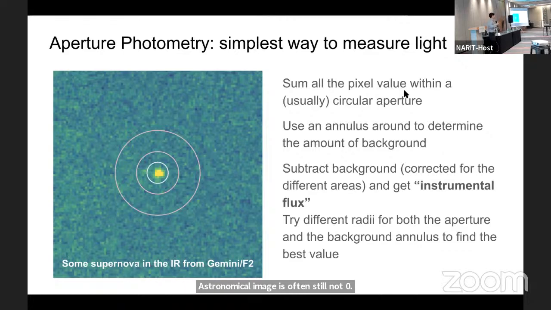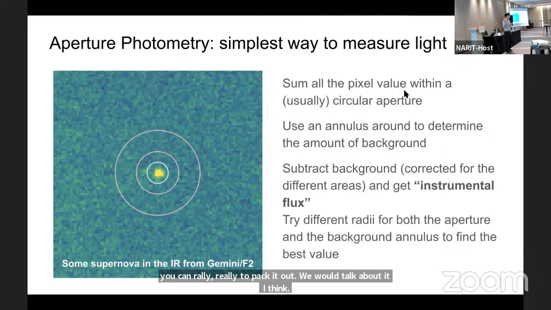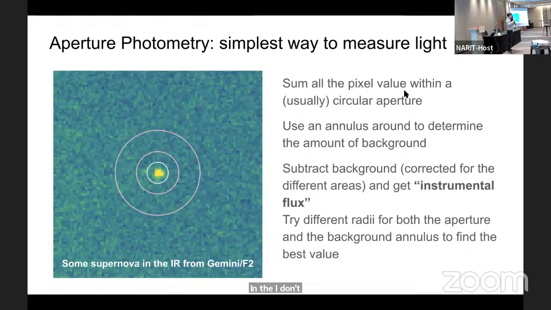This could be due to residual from your subtraction process. Or, as often in supernova science, you have a really bright galaxy behind, and your supernova is on top of the bright galaxy, so you can rarely really subtract it out. We will talk about more advanced background subtraction techniques in a future section, I think.